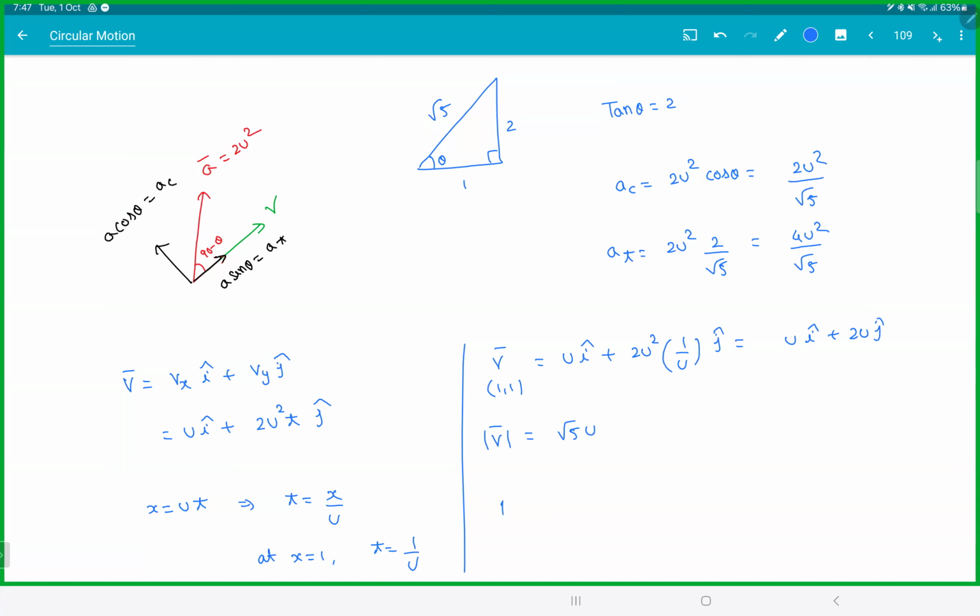So radius of curvature is speed square by a centripetal, which is 5u square by 2u square by root 5. U square will cancel. 5 root 5 by 2, that's how it cancels.